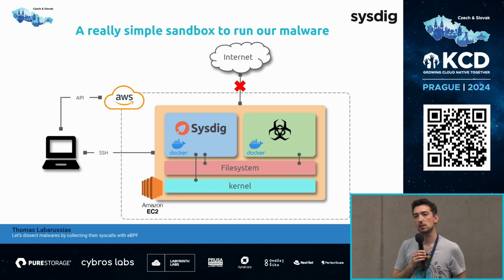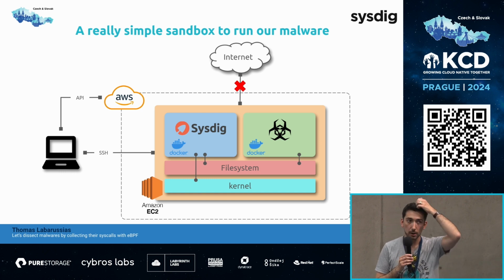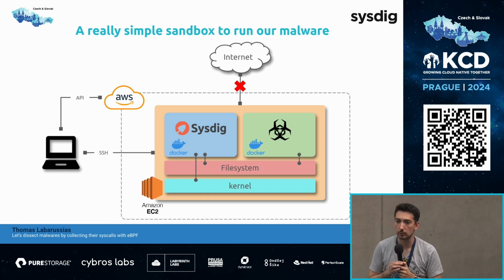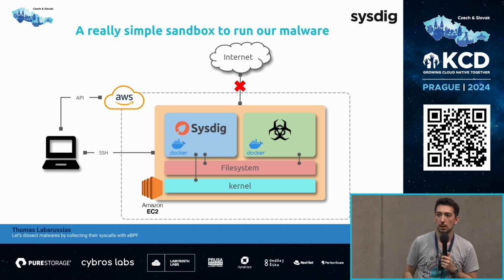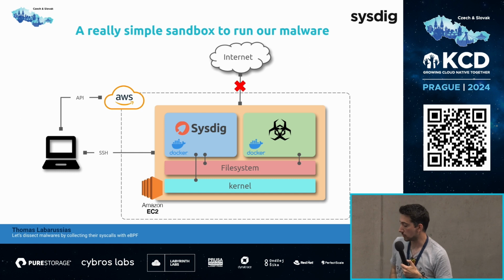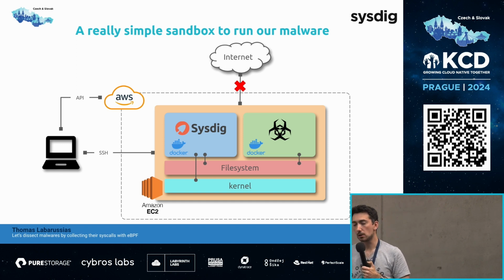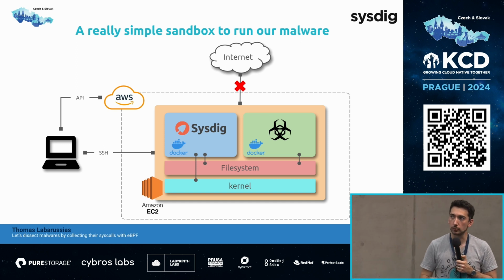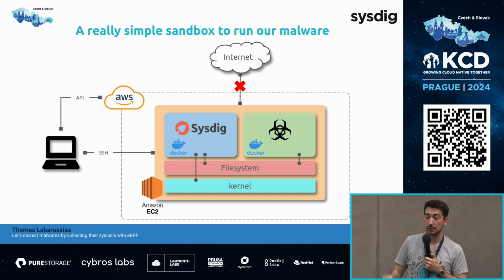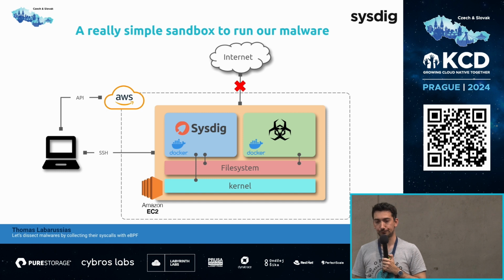I'm pretty lazy, so I did it manually, but you can do that with Vagrant, Terraform, CDK, Pulumi, whatever. In my situation, I use a basic EC2 instance in Amazon, and I'm running two Docker containers in that EC2 instance. One for sysdig, one for the malware.